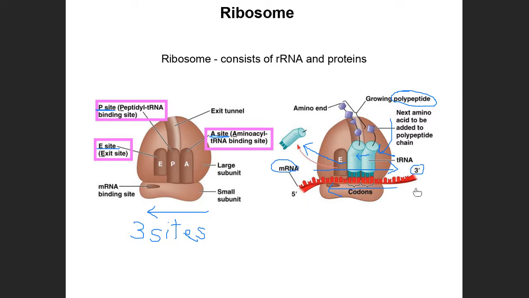It's reading the mRNA from 5' to 3'. Okay? And it's the ribosome that is moving from codon to codon towards the 3' end. That's causing the mRNA to move to our left, and that's helping the tRNAs that enter the A site move to the P, move to the E site. It's the ribosome that's doing the moving.